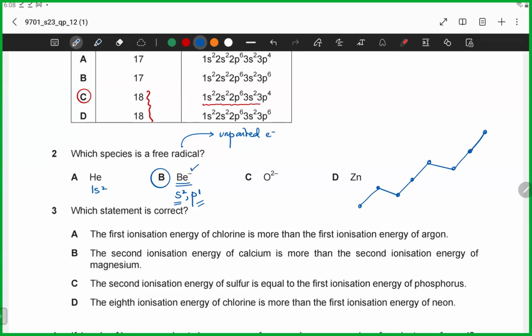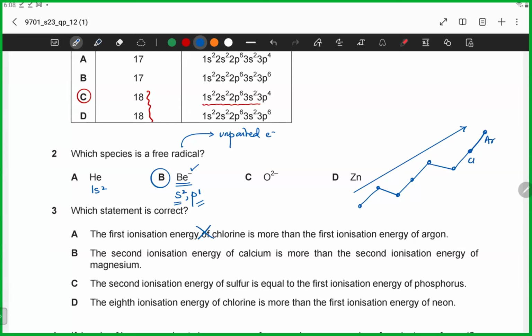Okay, that's how ionization energies vary across the period. Achha, so which statement is correct? Chlorine is over here, argon is over there. So ye to galat hai. The first one is wrong, right?